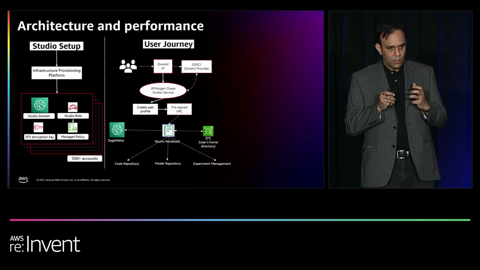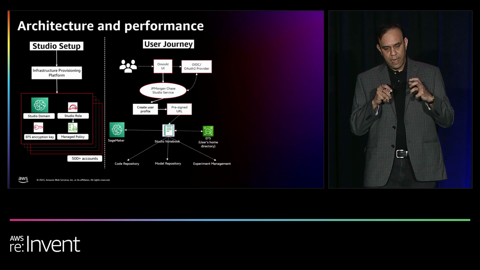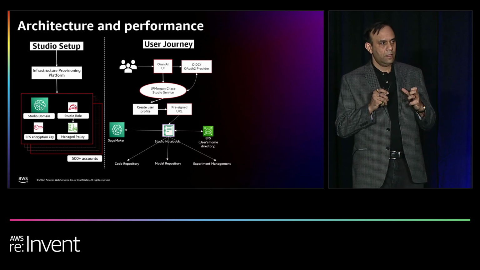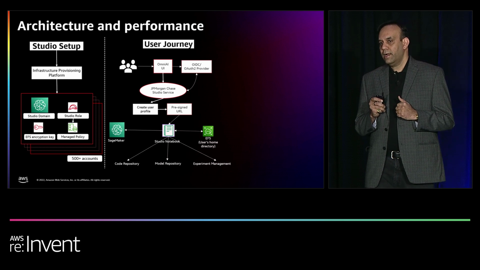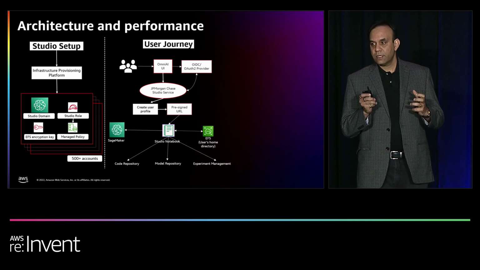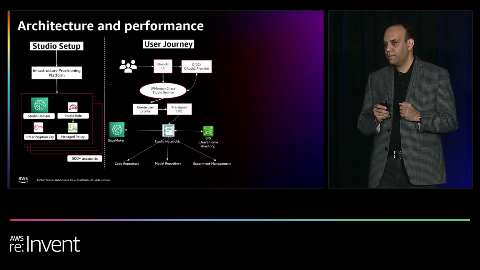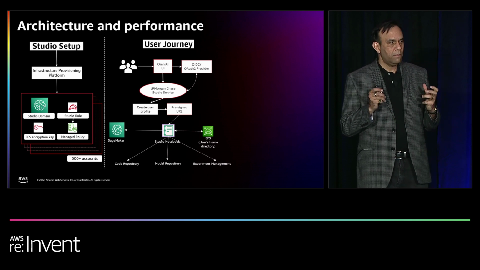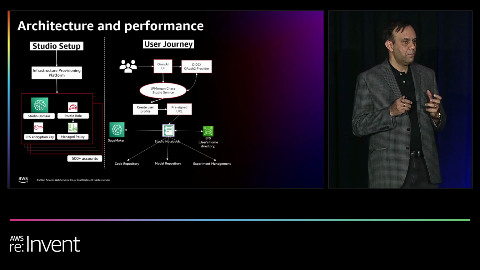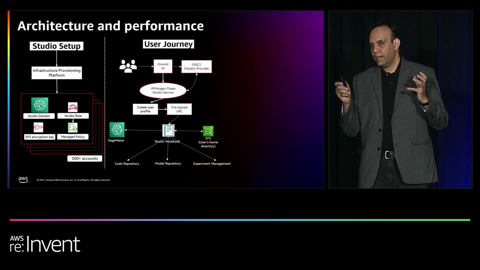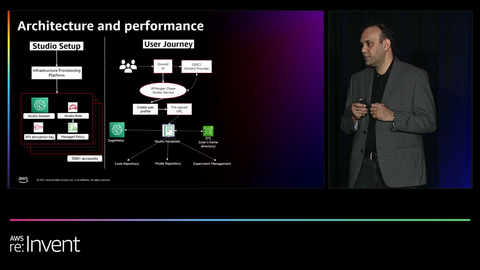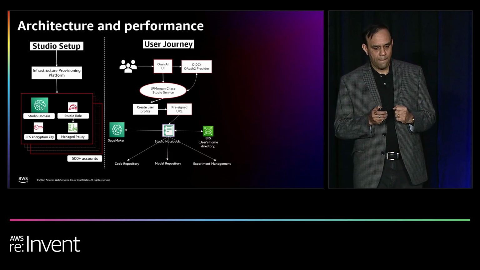The second thing that is done behind the scenes is that the idle shutdown notebook extension is configured so that users can specify the idle duration. Whenever the compute instances are running more than the specified idle duration, that extension will kill those compute instances. So it saves cost for the user.